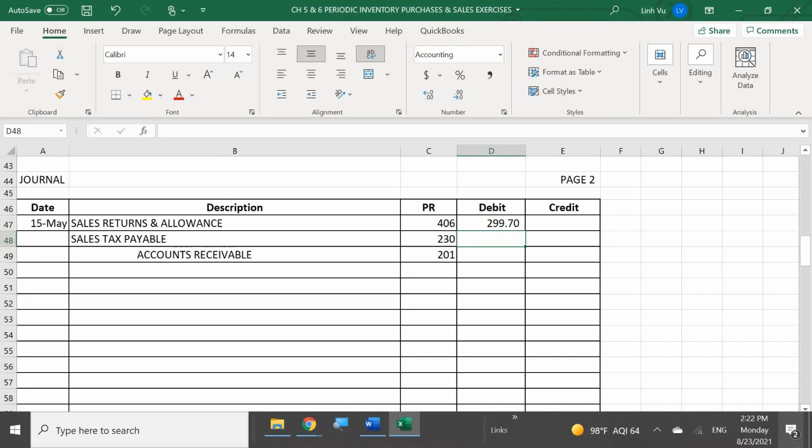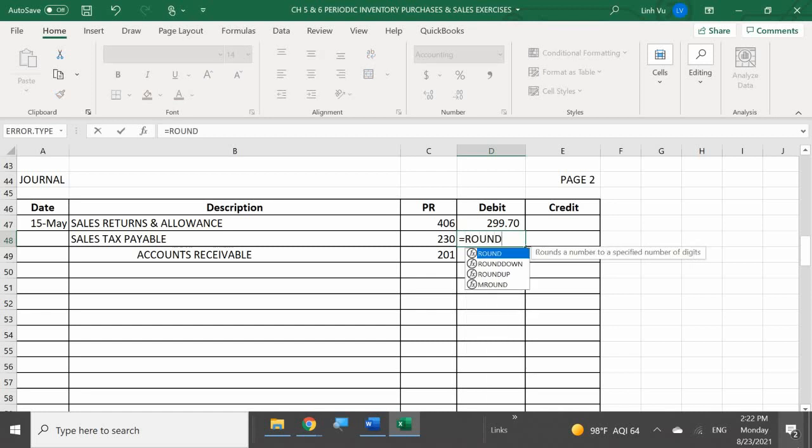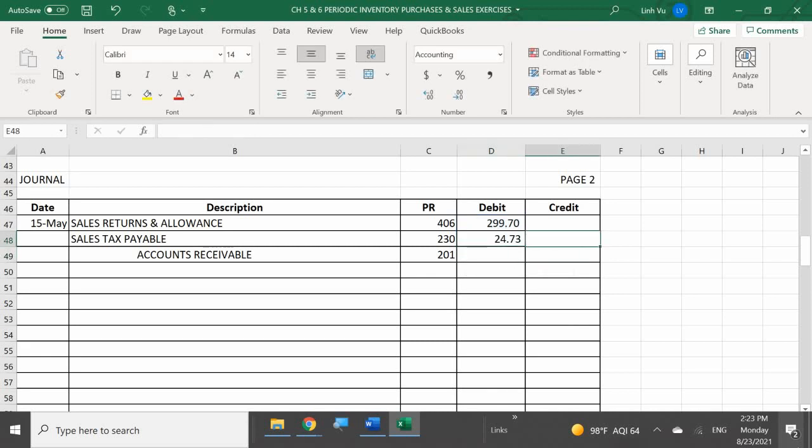Good. And then how much tax am I going to be refunding customer B for, because we charged them for the full amount? $24.73.